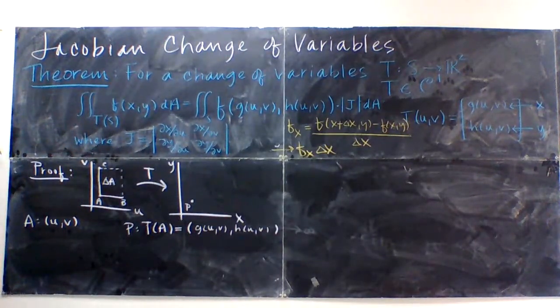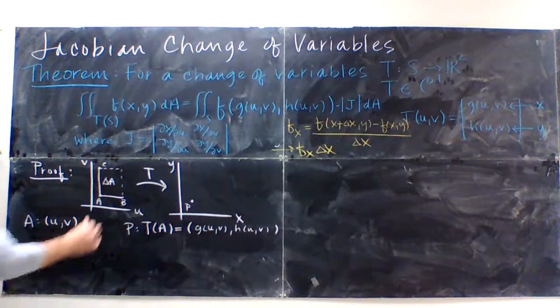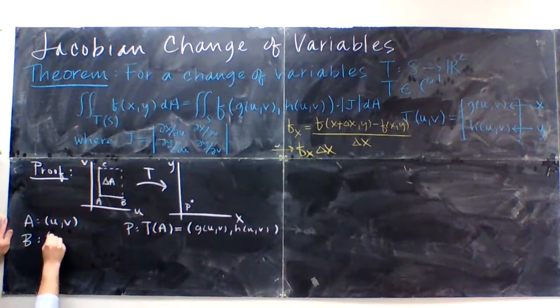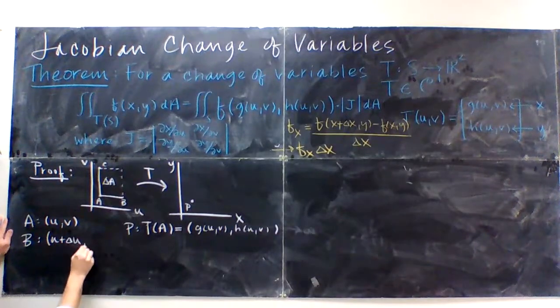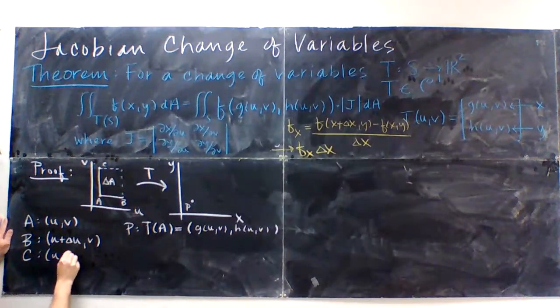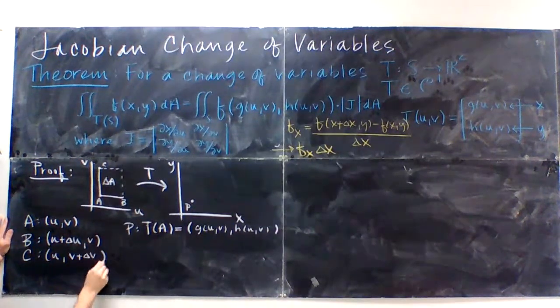So B is the point where I've done U plus delta U but left V the same, and C is where I've left U the same but added a little bit more to V.